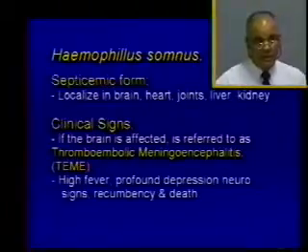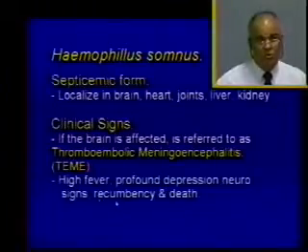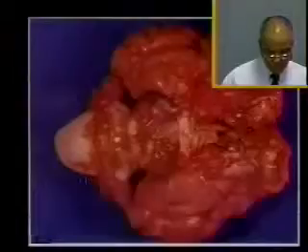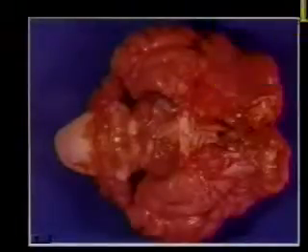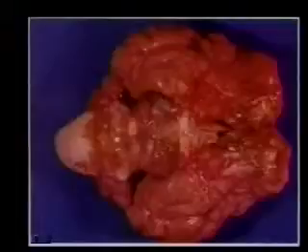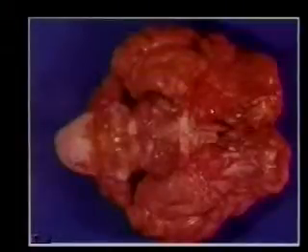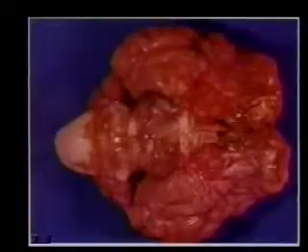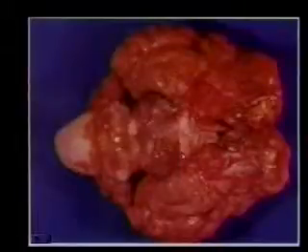Okay, and this presents with high fever, profound depression, and neurological signs, recumbency, and death. And this is just a slide from the brain of an affected animal with TEM, so that you can appreciate the meningoencephalitis component of the brain.